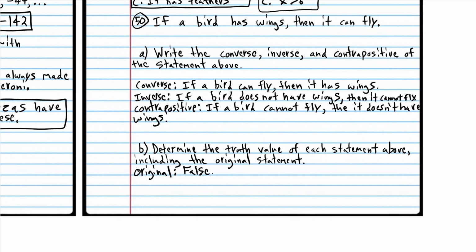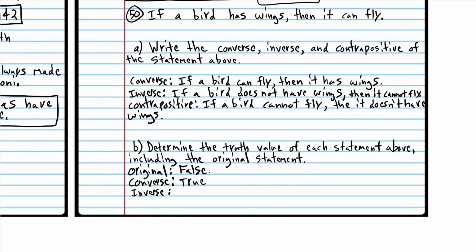The converse, if a bird can fly, then it has wings. I would say that's definitely true, because if it doesn't have wings, it's not going to fly. So that's true. And what about the inverse? Remember, the converse and the inverse are equivalent statements. So if the converse is true, the inverse has to be true also.